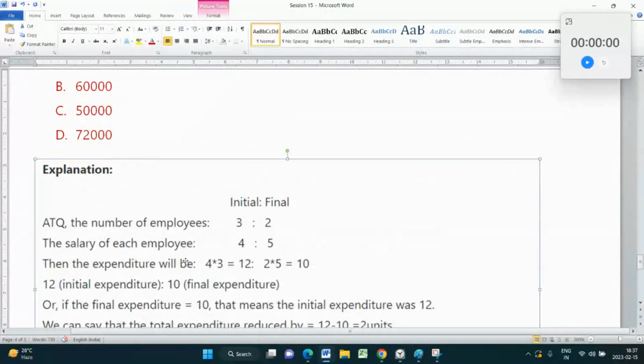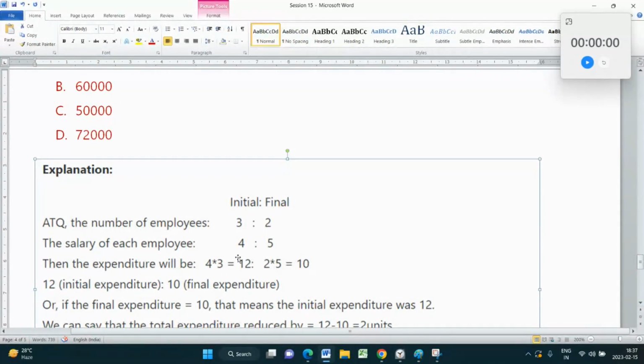So how much was the expenditure earlier? For 3 employees they were giving 4, the expenses was 4, so 3 into 4, which was 12. Now it is 2 into 5, now it is 10.